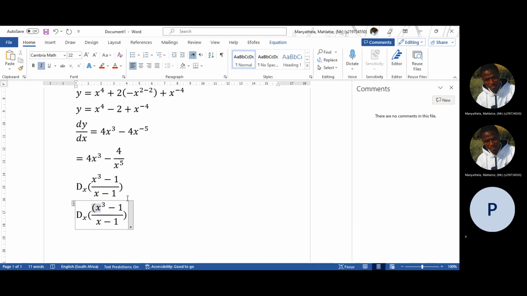So x cube minus 1 is the same as x minus 1 into x squared plus 1x plus 1 squared.